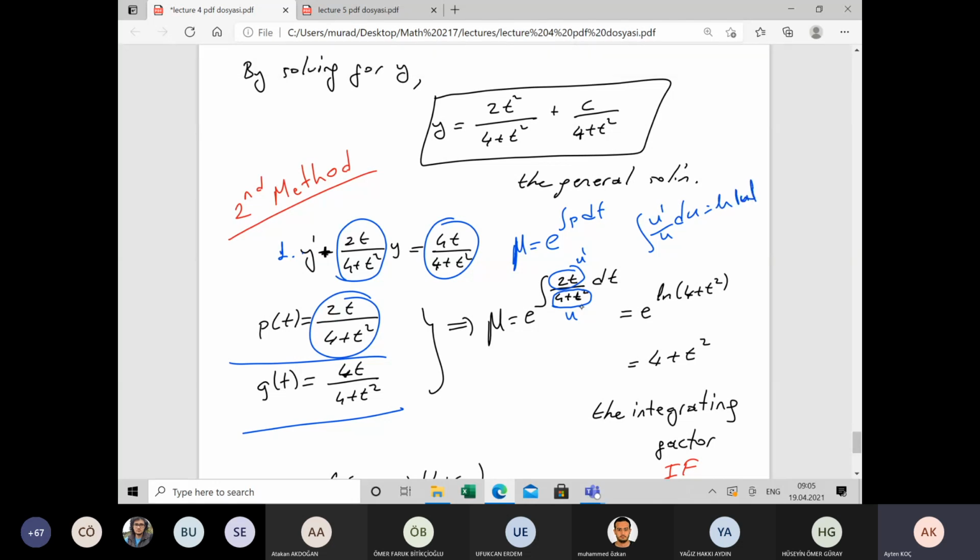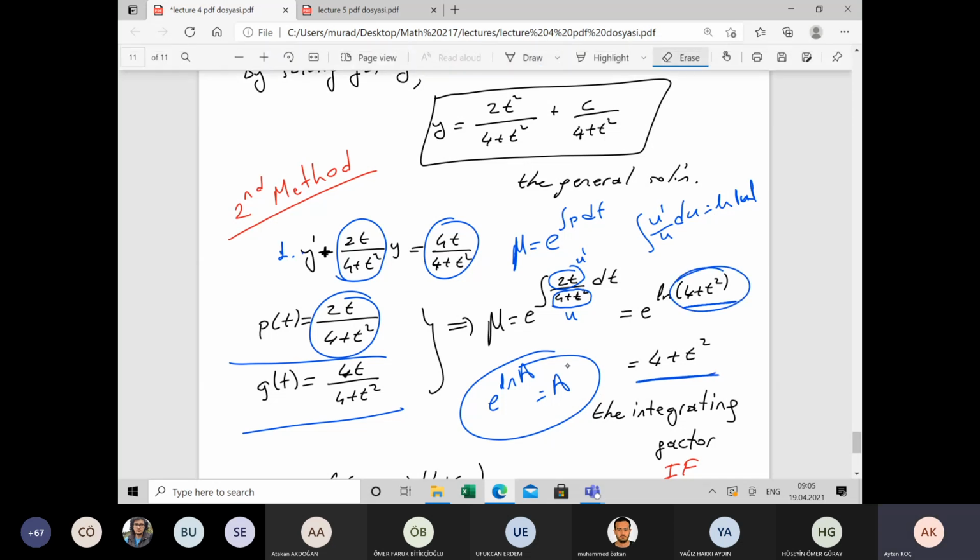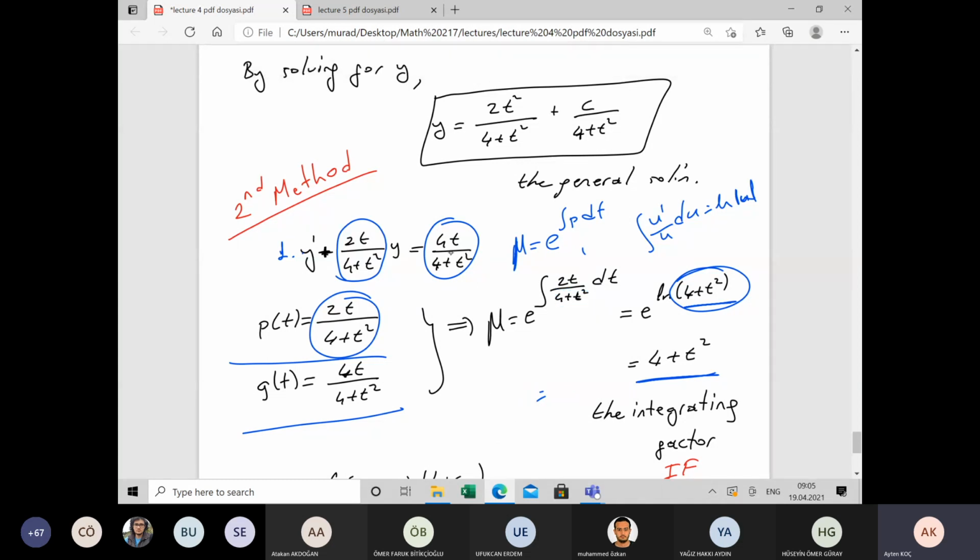But here 4 plus t squared is positive, so no absolute value. And we know that e to the ln a is always a. So this is equal to 4 plus t squared. So we obtain mu. Mu is 4 plus t squared.